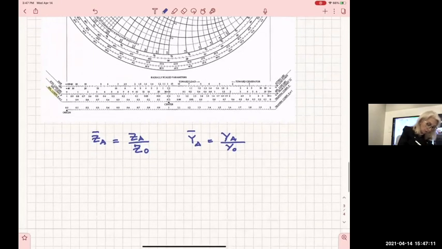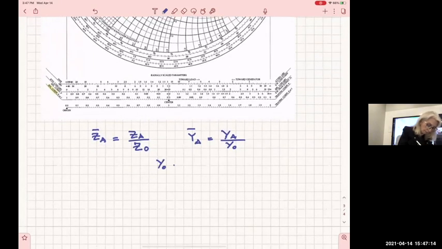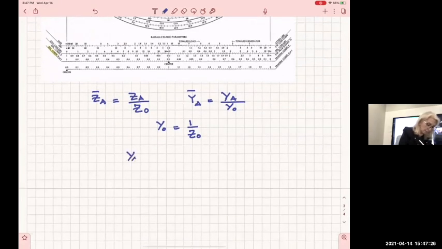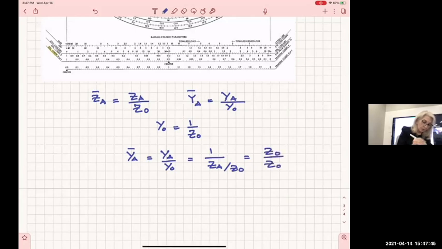What is Y naught? Y naught is the inverse of Z naught. So practically, YA over Y naught is 1 over ZA over Z naught, which is Z naught over ZA.